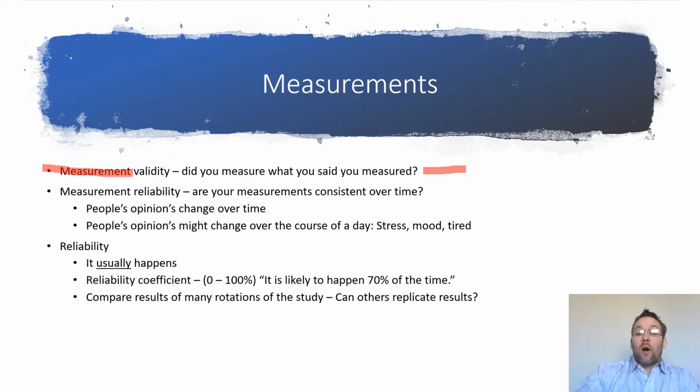How much time do you devote to your passions or your hobbies, right? We know that these things lead to happiness, but again, they're not exactly happiness. So measurement validity is, do all these things actually measure happiness, or are the measurements not that valid?